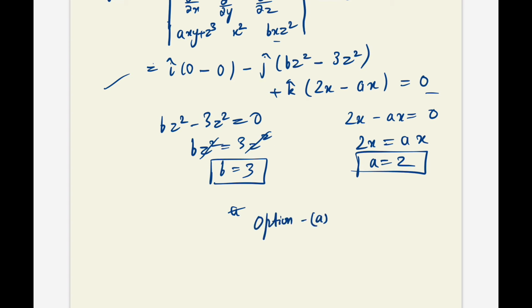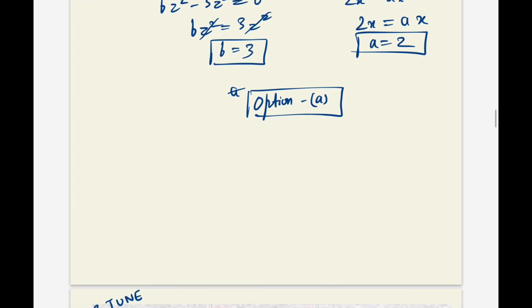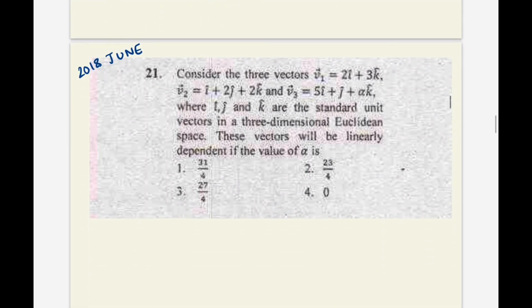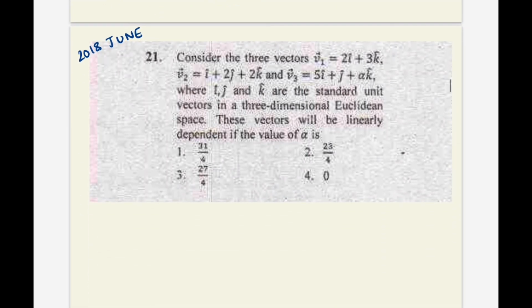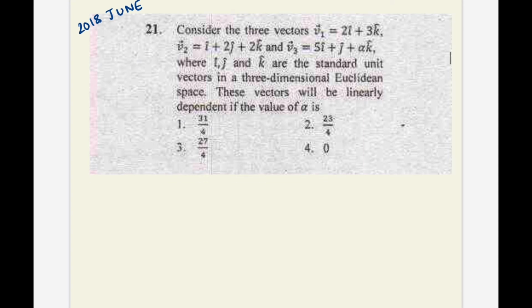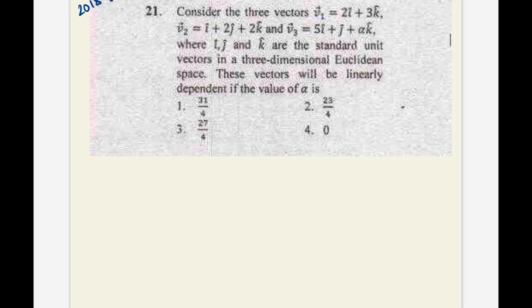Okay, now we move on to another question, which is from 2018 June. Consider the three vectors v1, v2, v3 given as 2i plus 3k, i plus 2j plus 2k, and v3 is 5i plus j plus alpha k, where i, j, k are the standard unit vectors in three-dimensional Euclidean space. These vectors will be linearly dependent if the value of alpha is.